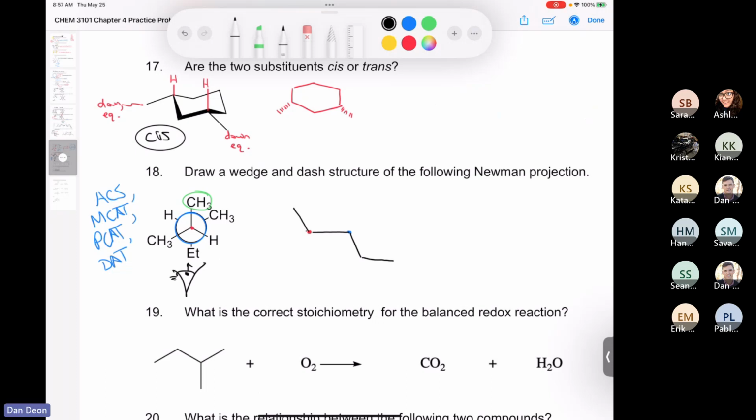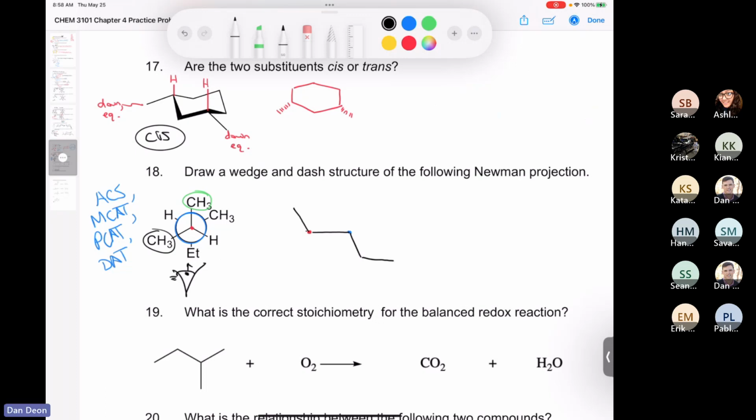So it's just a matter of what's pointing in front and what's pointing in the back. So if you're taking the carbon in red and you're tilting the whole thing towards the left, then this methyl group, could anybody answer, would it be going in the page or out of the page? Would it be on a dash or a wedge? The methyl group that I have in the black circle. Would it be a dash or a wedge?